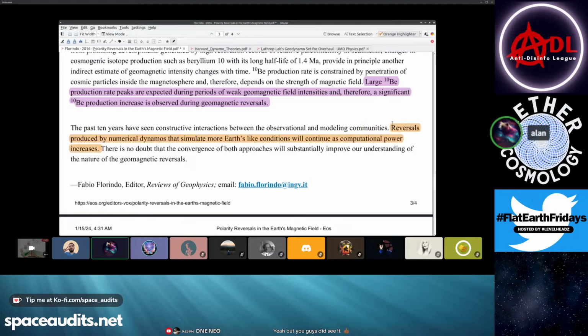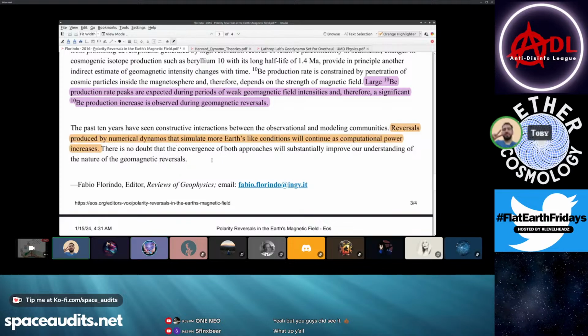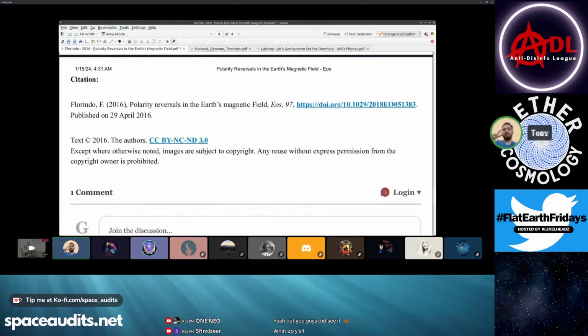Throw a bigger computer at it, you'll find all kinds of geodynamo models that align. Yeah, dude, if you focus real hard while you're searching through static noise, it'll look like what you want in the end. There is no doubt that the convergence of both approaches will substantially improve our understanding of the nature of the geomagnetic reversals. So there you go.